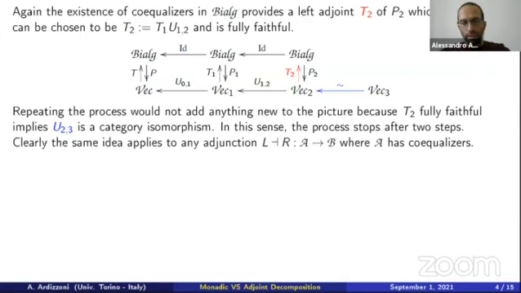Clearly, I can try to repeat the same idea, starting from a different adjunction. In fact, from any adjunction where the starting category has coequalizers, in order to have the possibility to construct the left adjoint. Even less, indeed, is necessary. You don't need all coequalizers, but here you have all of them, so it's nice.